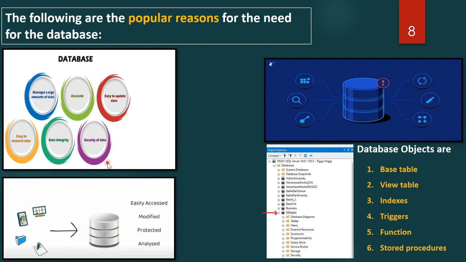Security of data. For example, hackers can access data in Excel, but they cannot access it in a database. Why? You will learn all of these functions. By implementing these objects, we can prevent that, and other things too.